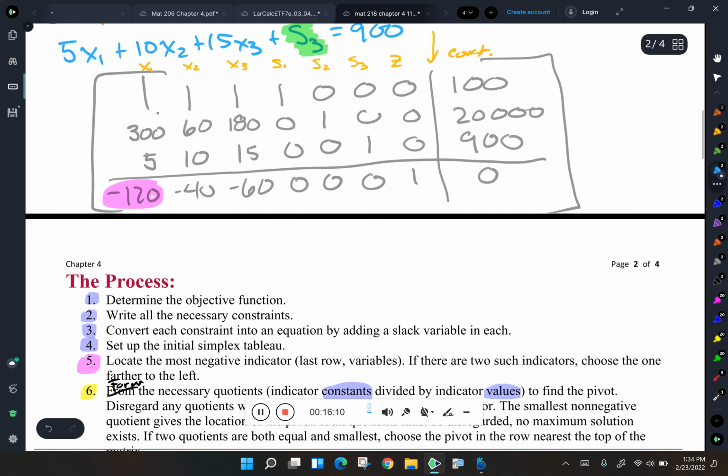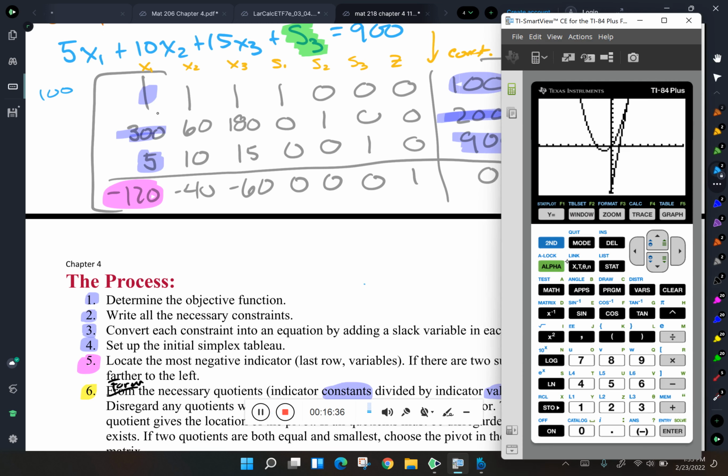So those quotients are going to be the 100 divided by 1, 20,000 divided by 300, and 900 divided by 5. Okay. So my first one is 100 divided by 1, or 100. The second one is 20,000 divided by 300. I'll see what that is.